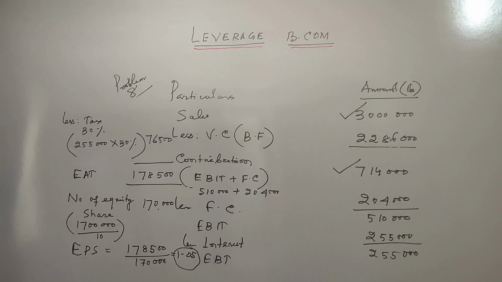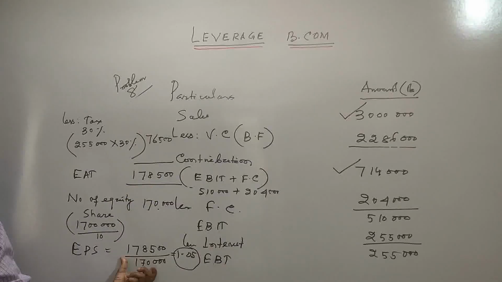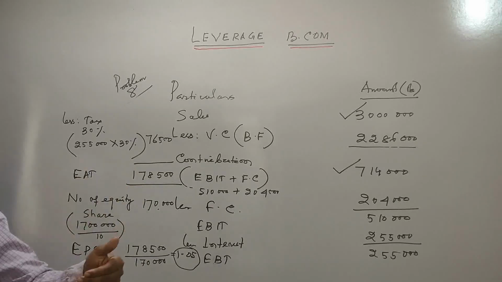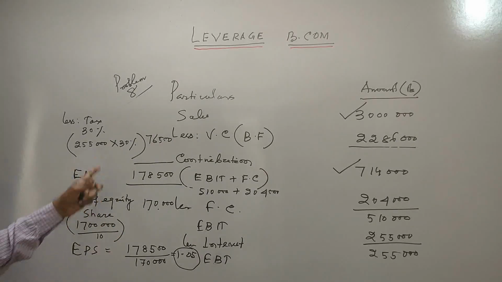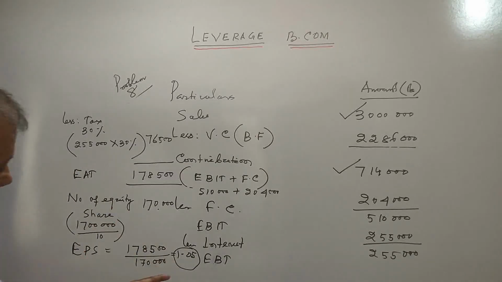So this is your earnings per share. You can note it down. EPS is equal to EAT divided by number of equity share. This EAT, earnings after tax, is the profit, the earnings available for equity shareholder, right? So this is your EPS.